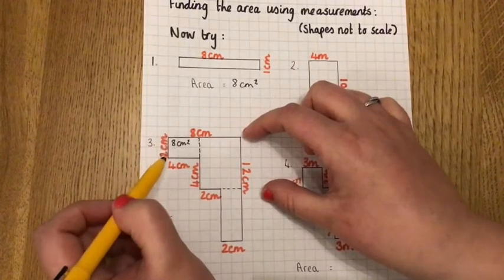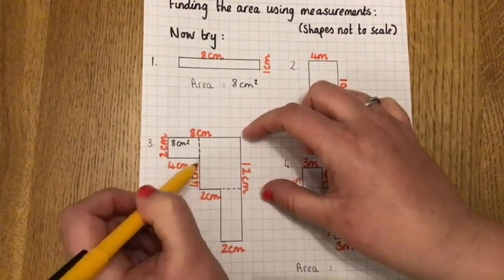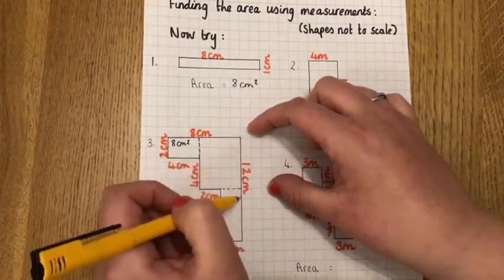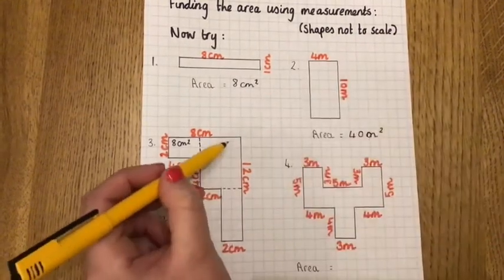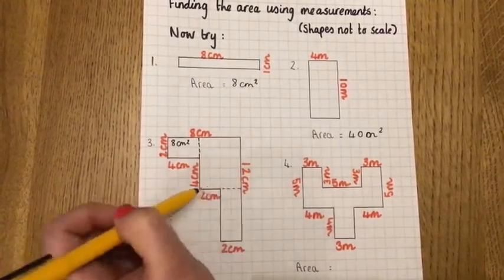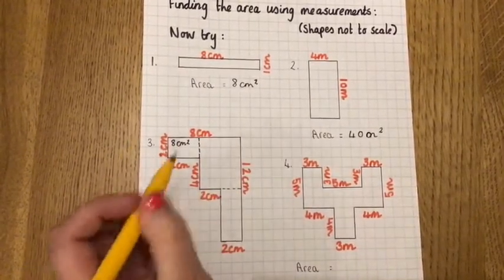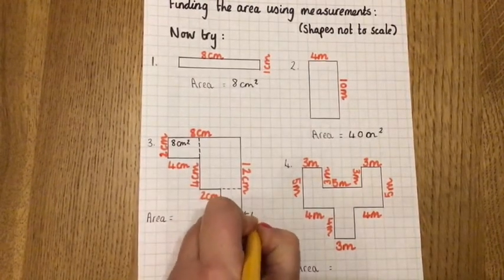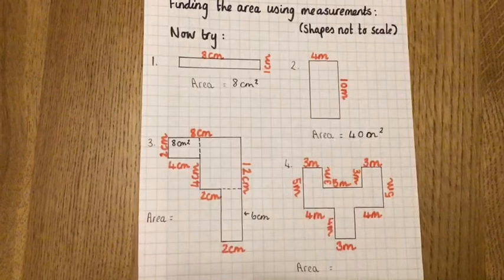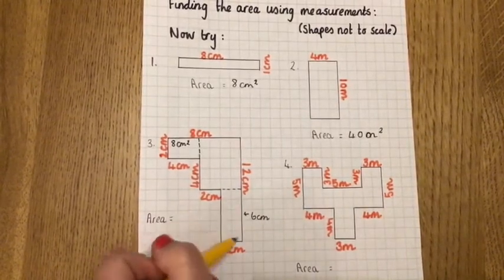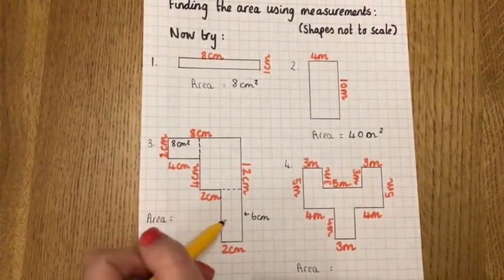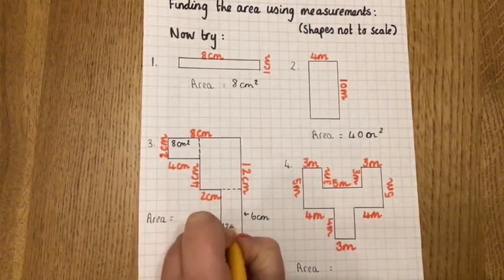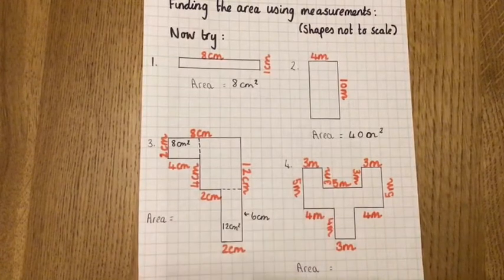Well, if I know that that's 2, and that bit going down there's 4, 2 plus 4 is 6, which would be this bit at the top. I don't want to measure that. So 12 subtract 6 would leave me with 6. Okay, so this length here measures 6 centimetres. Now I can work out the area of this rectangle. So 6 times 2 is 12 centimetres squared.